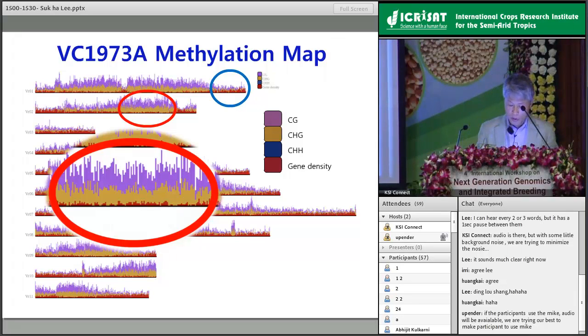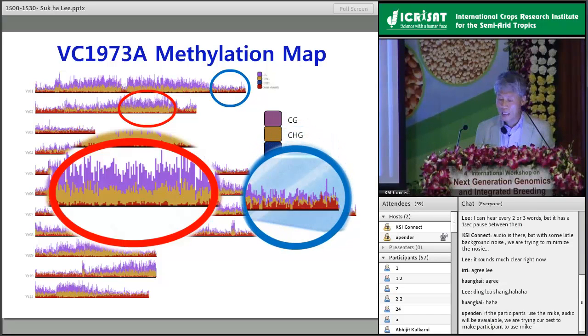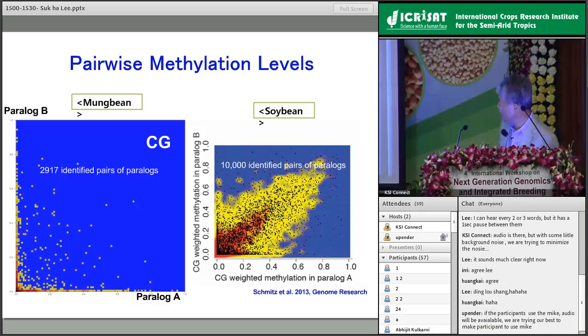In comparison, the euchromatin regions with high gene density had lower methylation patterns. And this was done by Dr. Smith, published in Genome Research just last year.